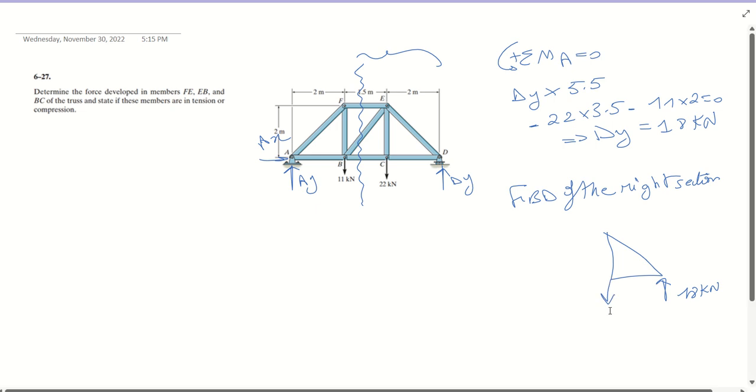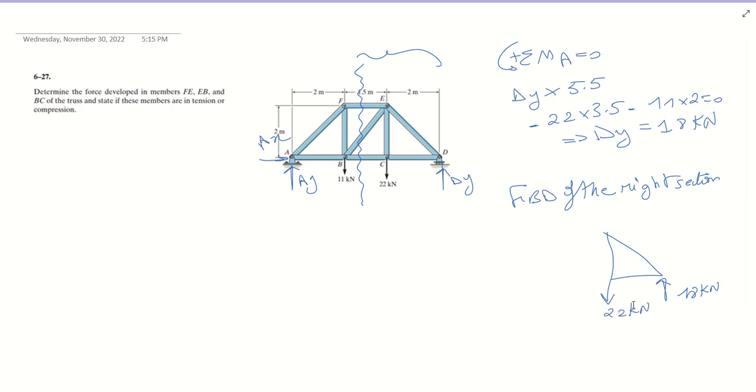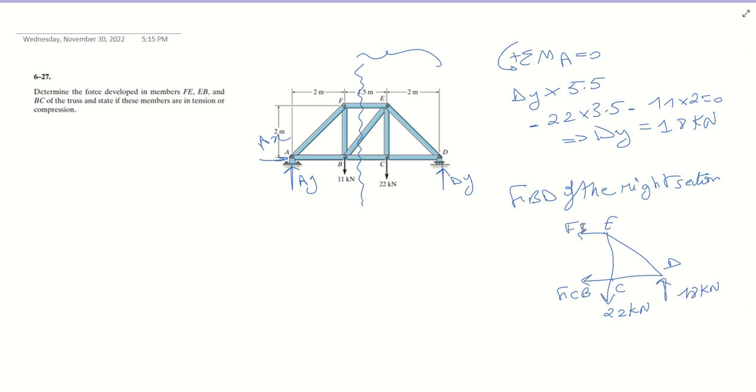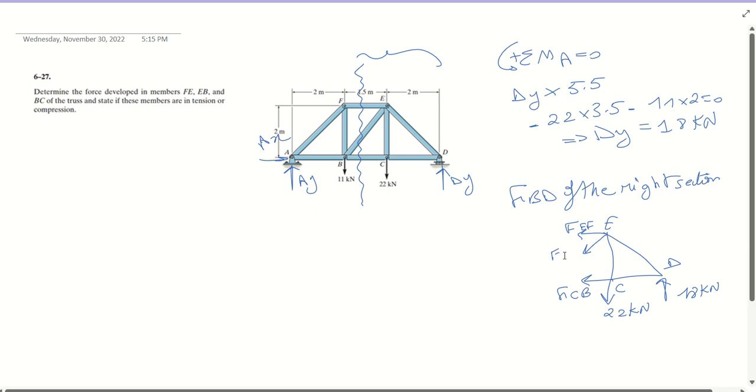I have here 22 kilonewton downward force. This is point E, point D, and this is point C. Then here I have FCB, FEF, and here I have FEB.